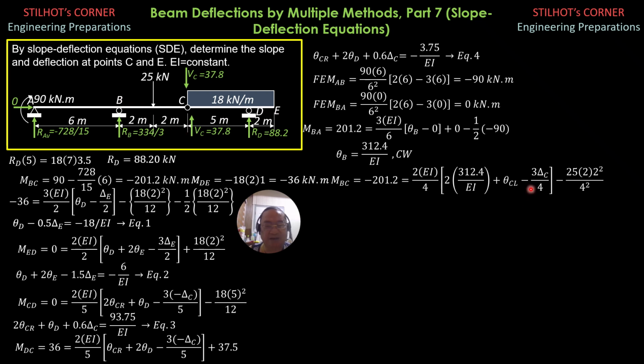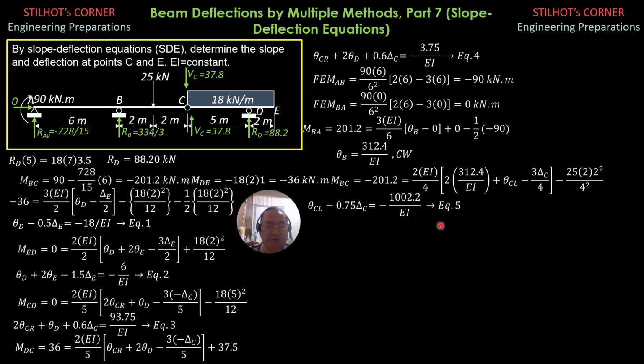So that's why it is treated positive, negative 3 delta C over 4. Then fixed end moment in BC is negative 25 A2B squared 2 square over L square 4 square. So simplifying this equation, we have theta C left minus 0.75 delta C equals negative 1002.2 over EI.